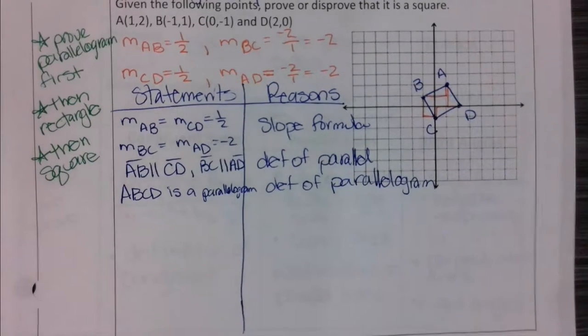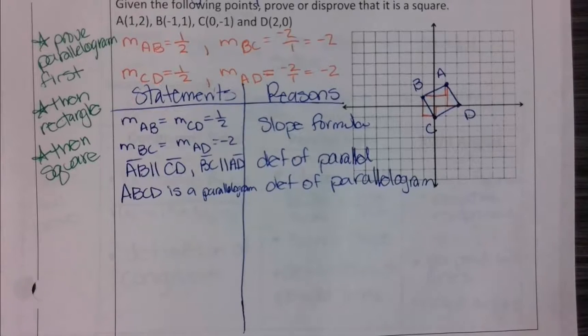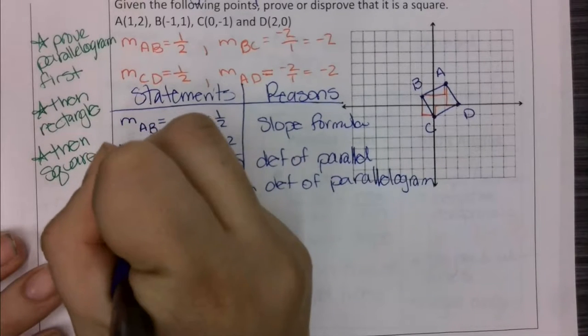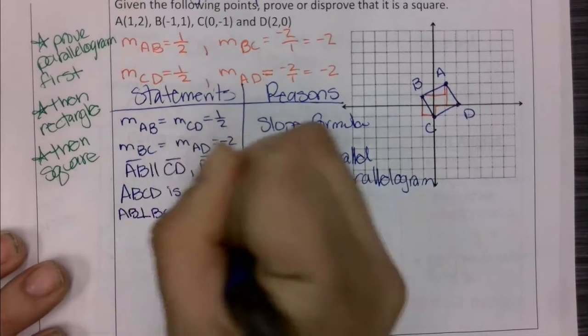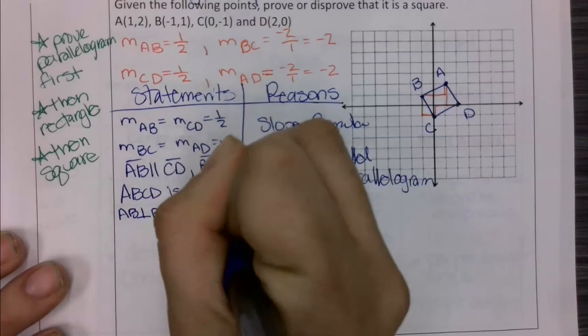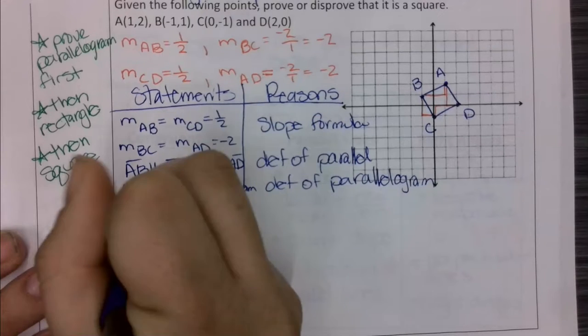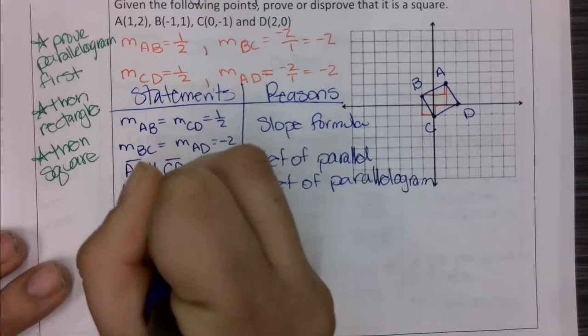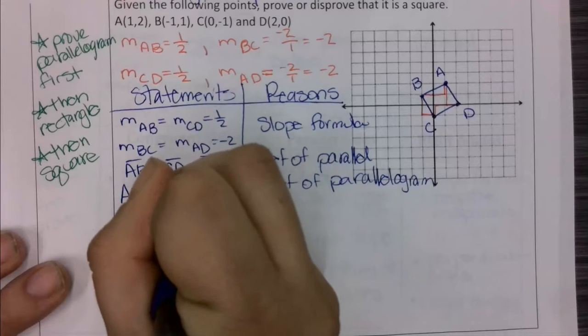I need to say I have perpendicular sides, right? So I have AB is perpendicular to BC. BC is perpendicular to CD. CD is perpendicular to AD.